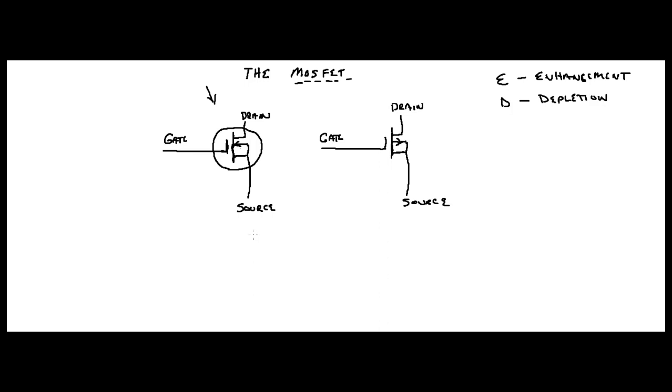Let's draw this again. Let's say this right here is IDSS, and here is VGS. We're going to call this VGS off. By the way, this obviously is VGS, it's negative here.